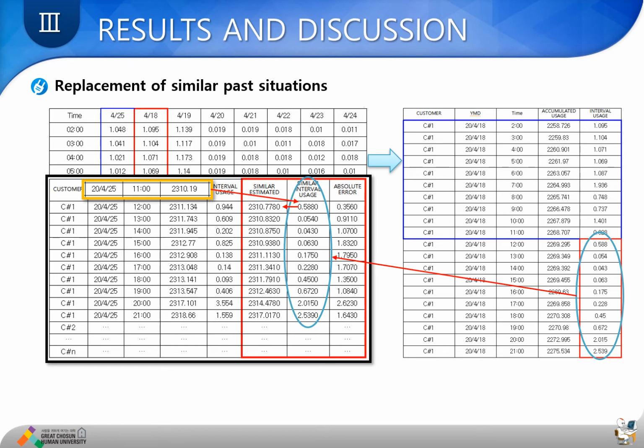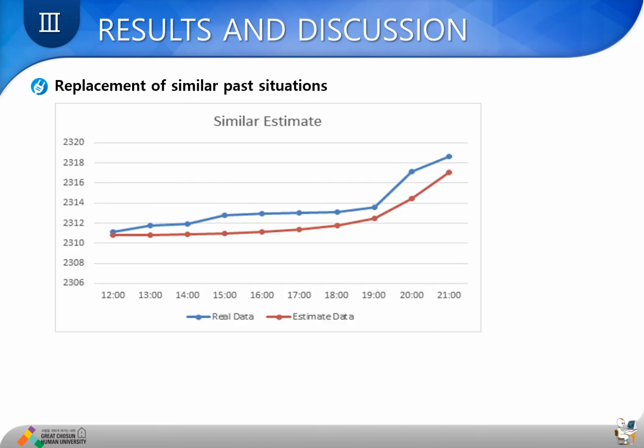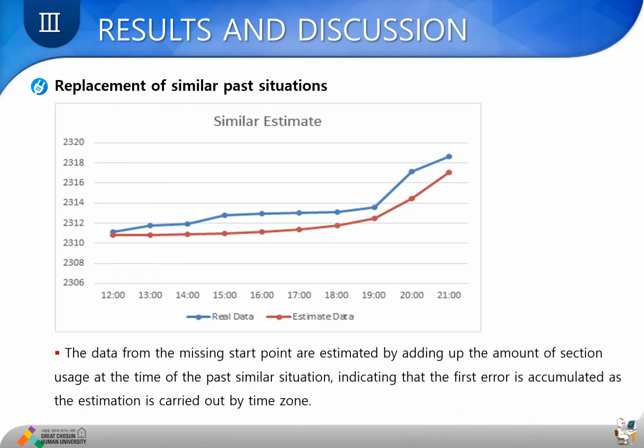The amount of section usage in the same time zone in the most similar situation is added to the cumulative usage before the start of the missing section. The data from the missing start point are estimated by adding up the amount of section usage at the time of the most similar situation, indicating that the error is accumulated as the estimation is carried out by time zone.